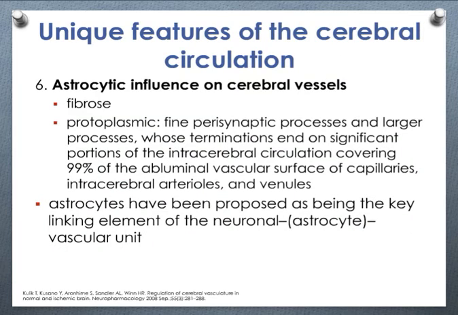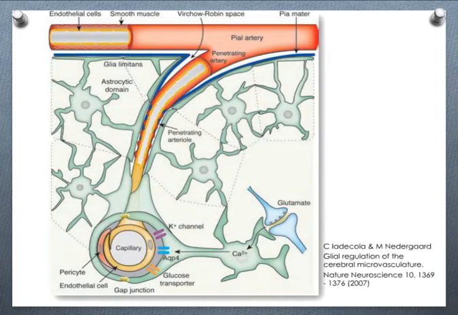Moreover, we have astrocytes that cover about 99% of the surface of the vessel. If you look at this image, you can imagine the vessel going inside from the pial artery, the penetrating artery. They are all surrounded by astrocytes.